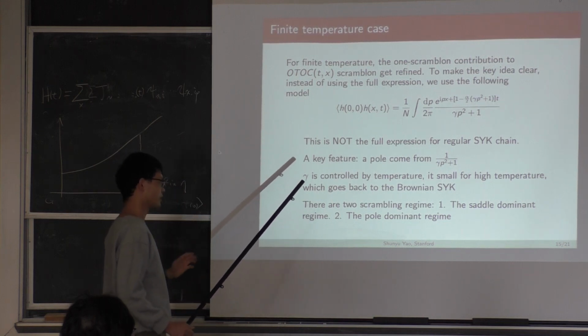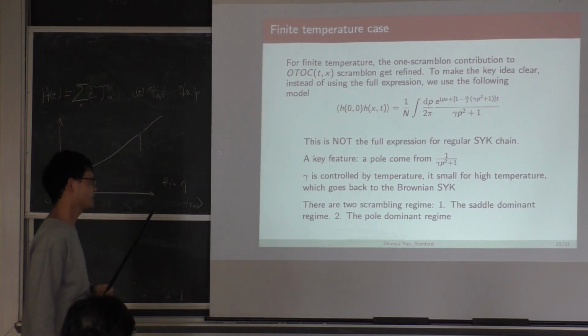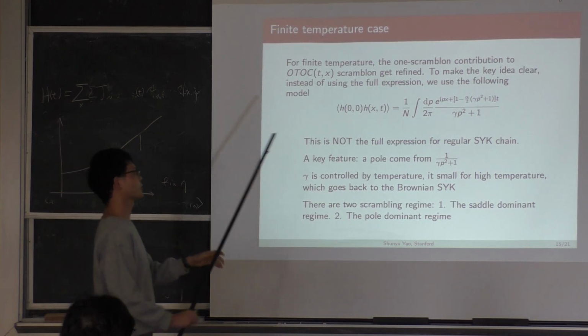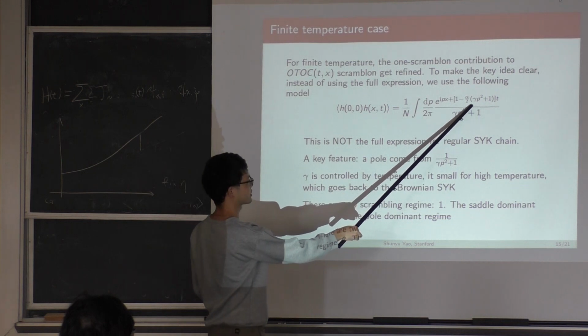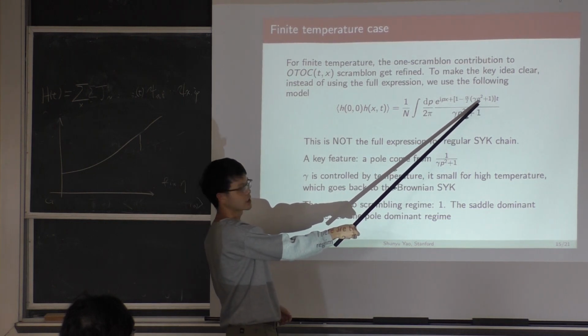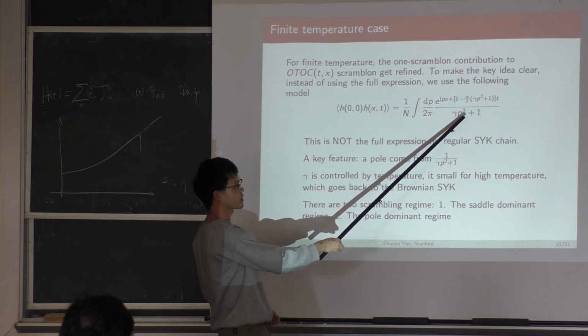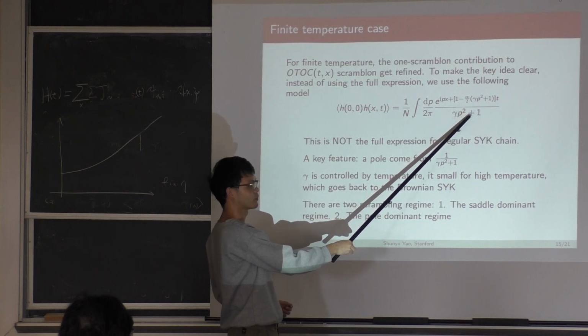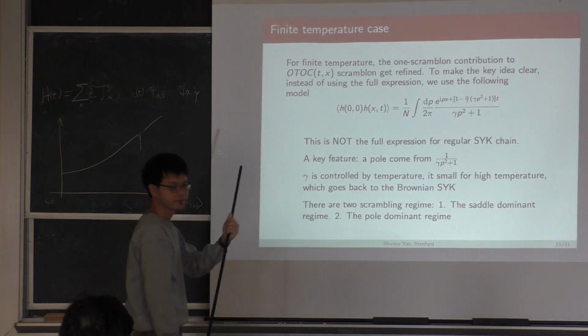Another difference between this formula and the previous formula is that when you integrate over p, the original formula only has this numerator, which only gets the saddle point contribution. However, for this formula, there is a possibility for you to get the pole contribution from the denominator.